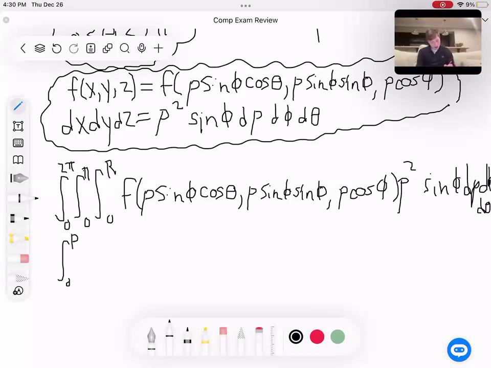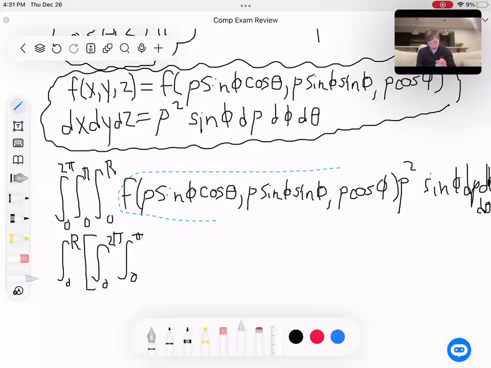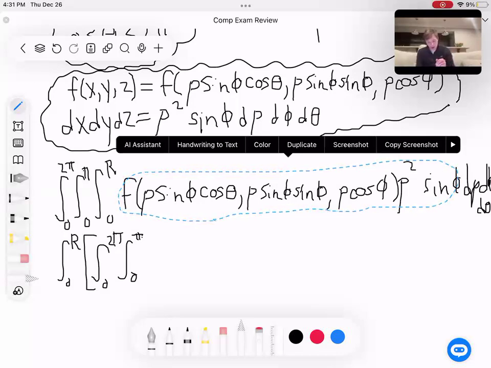So it's going to be the integral from 0 to R times the double integral from 0 to 2 pi, and the integral from 0 to pi. And then I'm just going to copy and paste all of this other stuff in because that worked for me last time. So I'm going to try it again. And this time I'm going to do this whole mess. Duplicate.